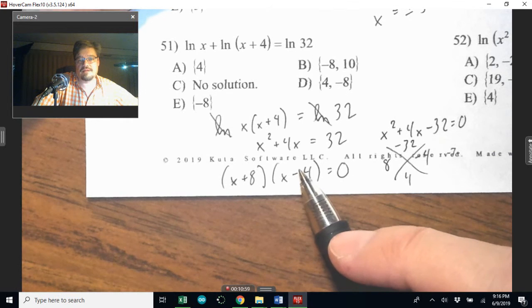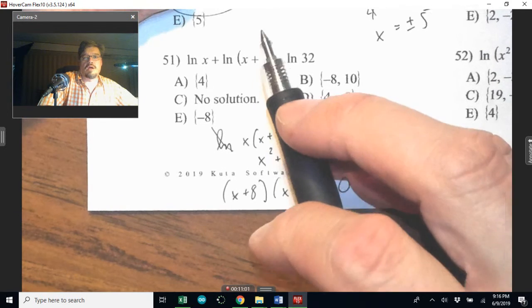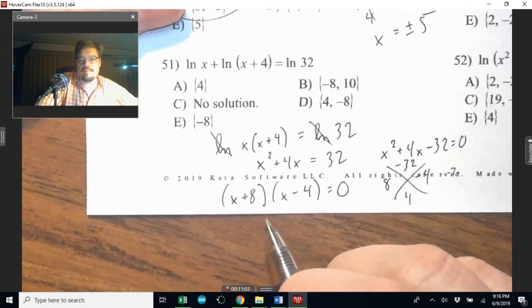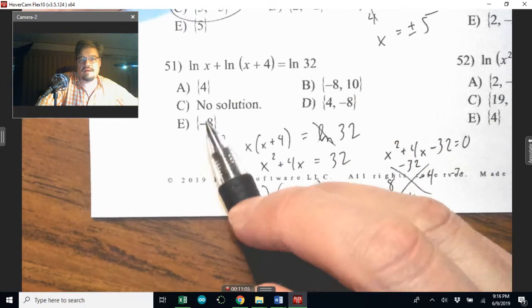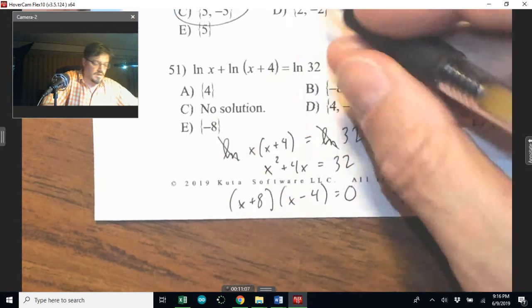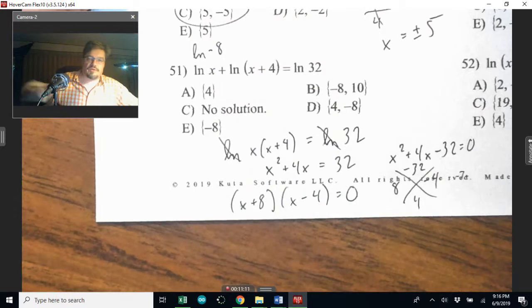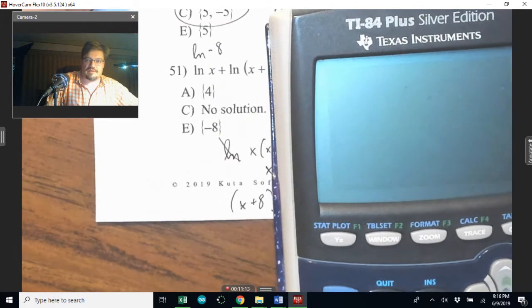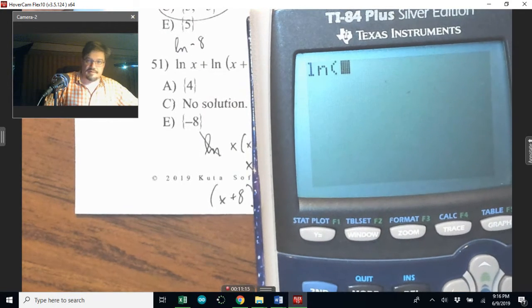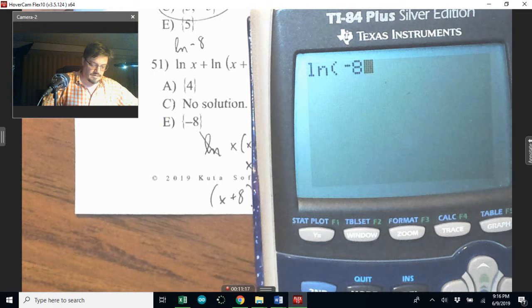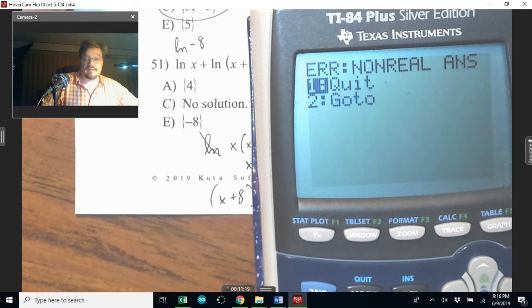But let's make sure what happens here. Notice that when I put in negative 8 right here, that would be the ln of negative 8. All right, and I just want to show you why you cannot have that answer, because the ln of negative 8 is non-real. Okay, it's a complex number.